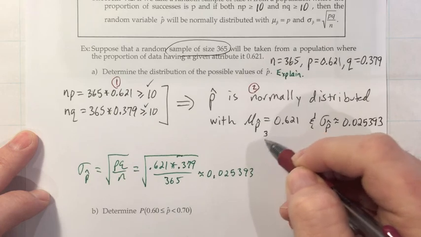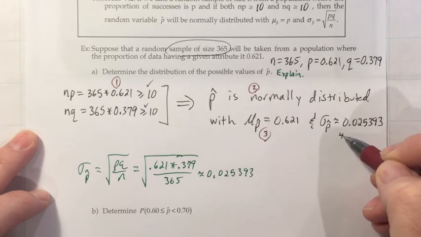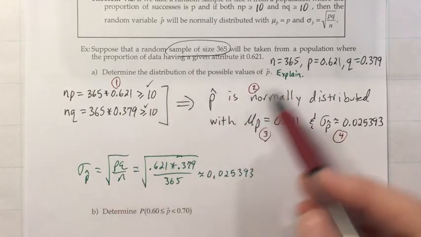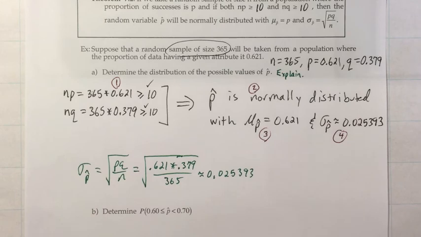So we need to say what the mean is and what the standard deviation is. So when you get this question, you need to make sure you're answering all 4 of those parts. What's np and nq? If they're bigger than 10, p hat is normal. And then use our formulas from this theorem and the previous one to come up with the mean and standard deviation. Just one answer, but 4 things that you need to think about to make sure you've completely answered the question.